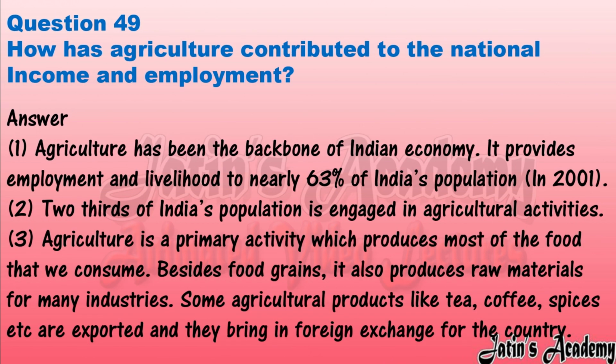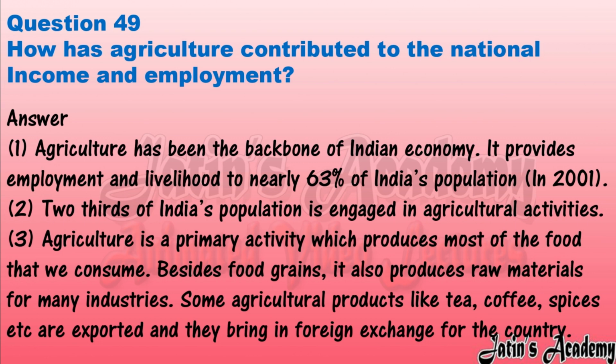Question 49. How has agriculture contributed to the national income and employment? Answer. 1. Agriculture has been the backbone of the Indian economy. It provides employment and livelihood to nearly 63% of India's population in 2001. 2.